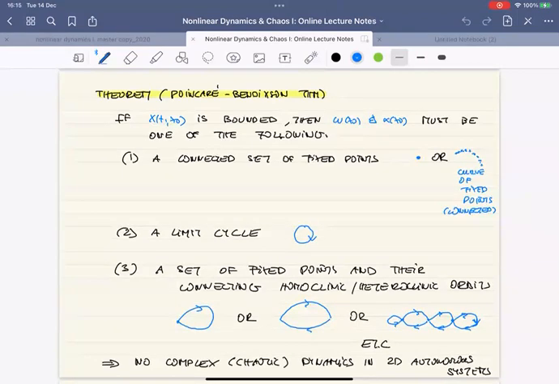Alpha limit set is the same in backward time. We decided that alpha limit points together form an alpha limit set for a trajectory, and it's really for a trajectory, not just for any initial condition.